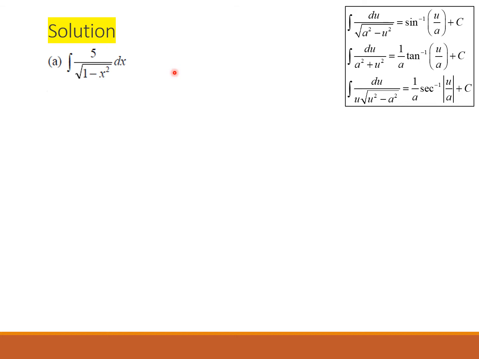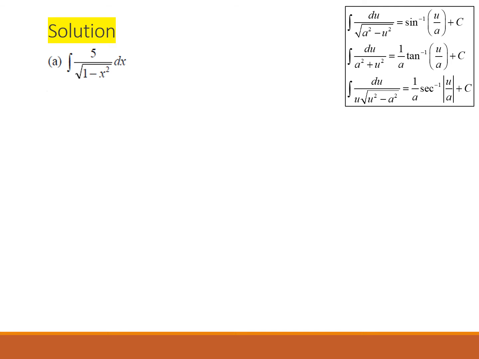From the integration formula, we can see it follows the first formula, which involves du over the square root of a squared minus u squared. For our example, a is 1 and u is x. So the final answer will be in terms of arcsine, or inverse sine, of u over a plus c.